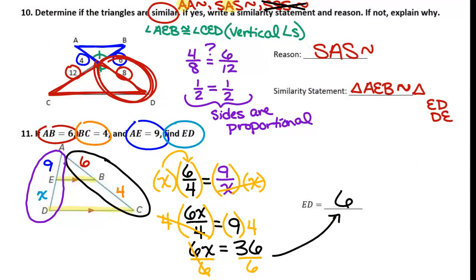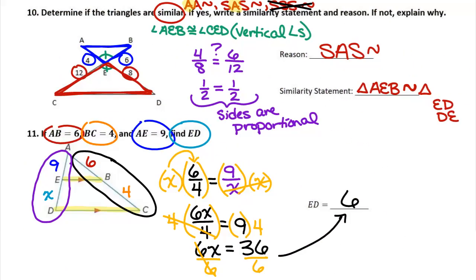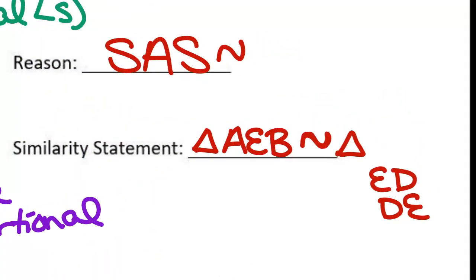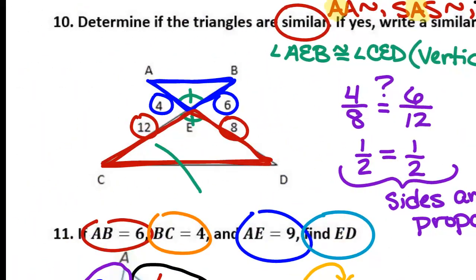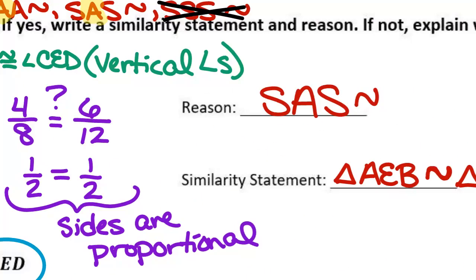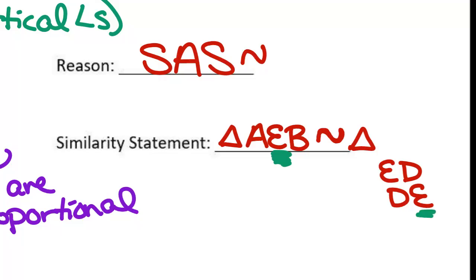What are the angles that we have that are congruent? AEB and CED. With the point in the middle, the vertex is what? What is the vertex of that angle? E. So I have to make sure, since E was in the middle of the first triangle name, E has to be in the middle of my second triangle name.